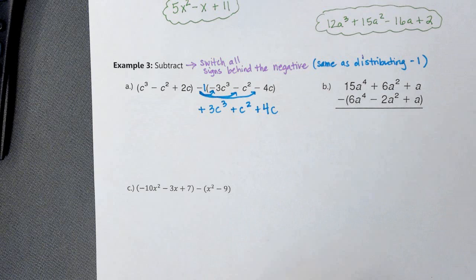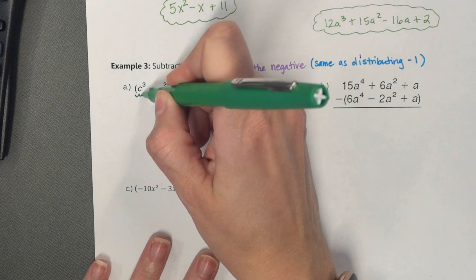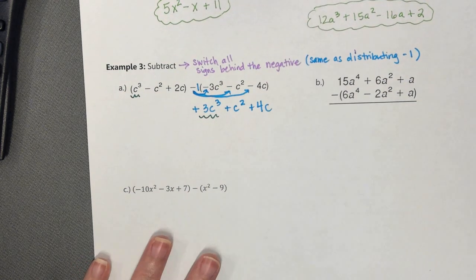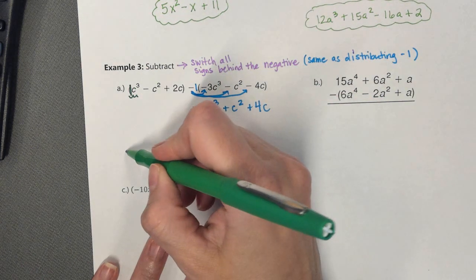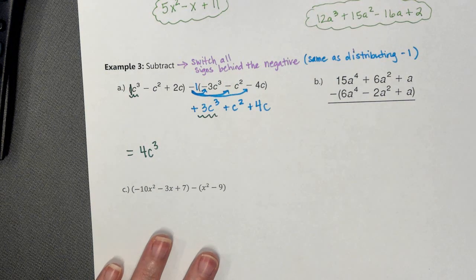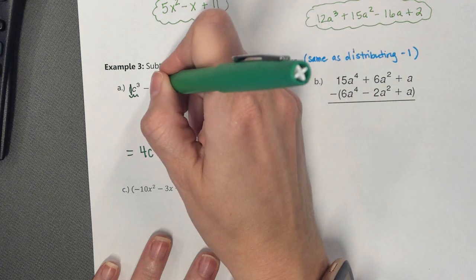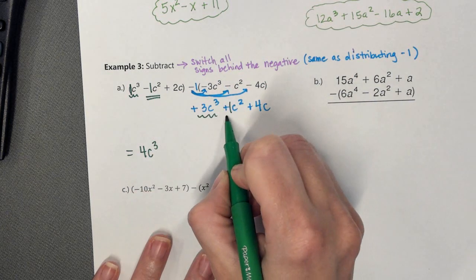And then what we're going to do is just add again your like terms. Once you've done that, it's the same as what we did above. So we have c cubed plus 3c cubed. Remember, there's a 1 in front. So this is 4c cubed, and here you have -1 plus 1. What happens when you have a -1 and then you add 1?